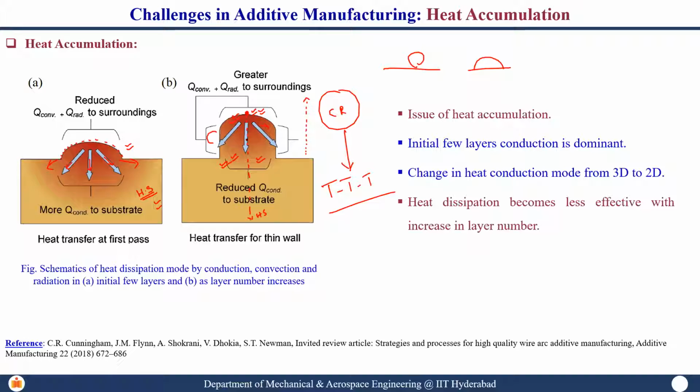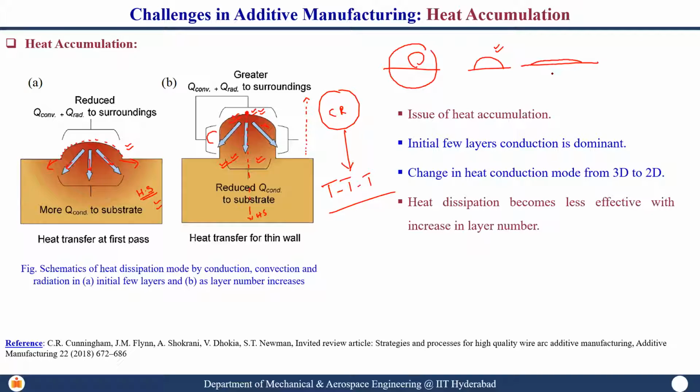Point two, like I said, the way the bead gets wetted onto the substrate depends upon its molten pool lifetime or the temperature gradient. If the temperature gradient is very low, the same bead which we deposited in the first layer, when it comes to the nth layer, will start spreading like this.